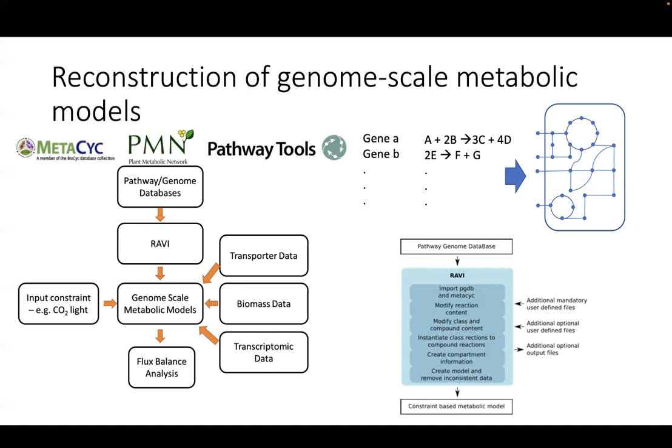And then we do the flux balance analysis to see what is the carbon distribution and metabolic flux distribution in this complicated metabolic network.